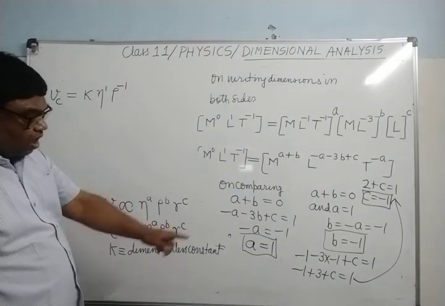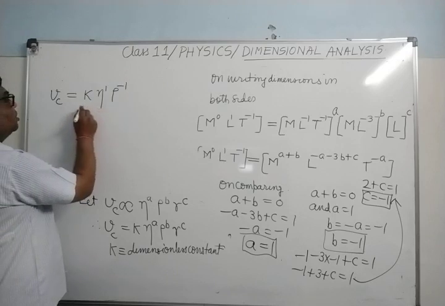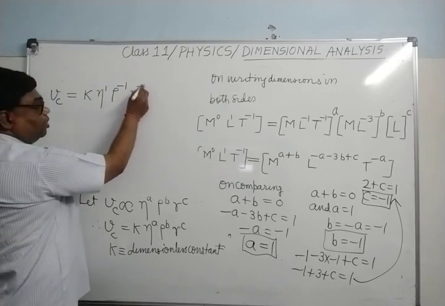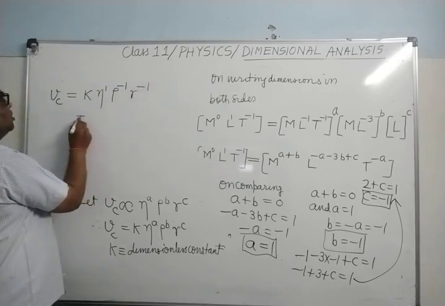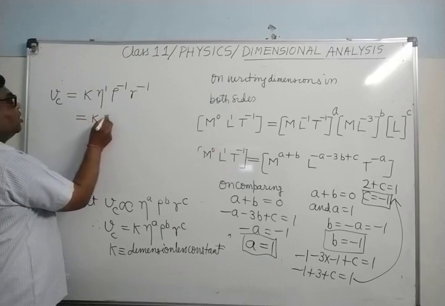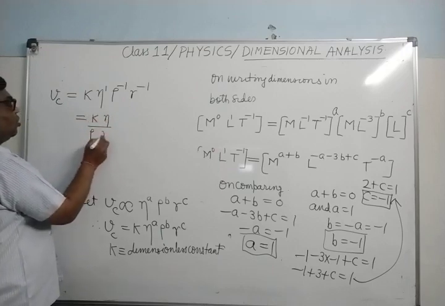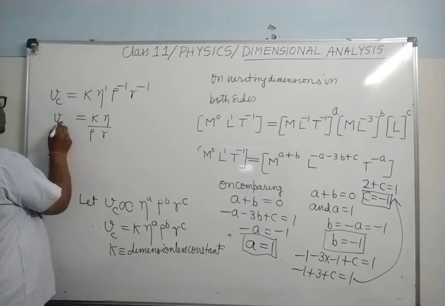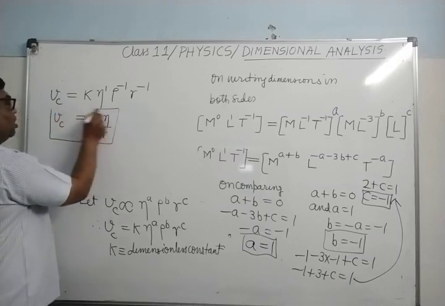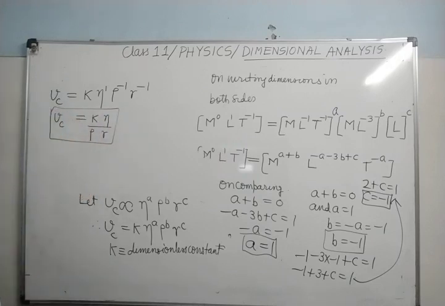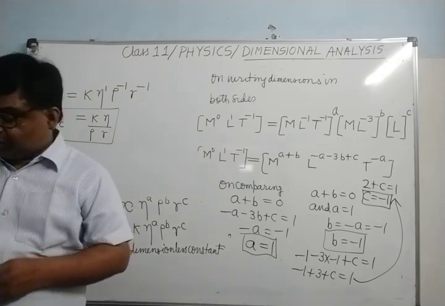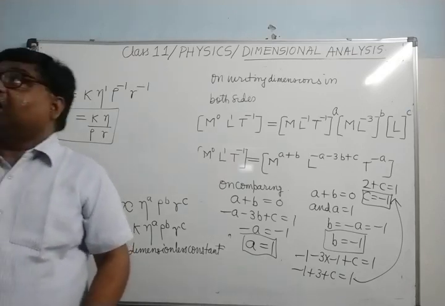And r to the power c. So it is r to the power minus 1. This is the formula of critical velocity. So this way you can derive the formula.